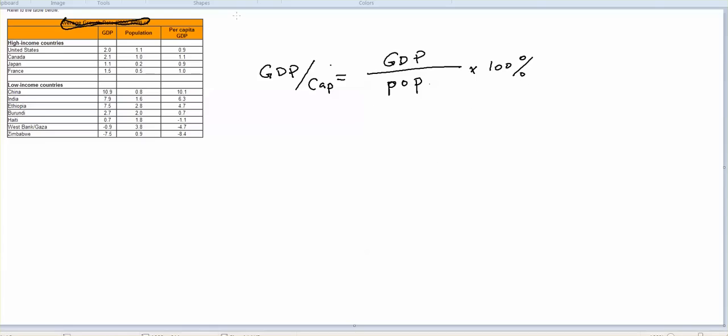So now let's think about the growth rate of the GDP per capita.